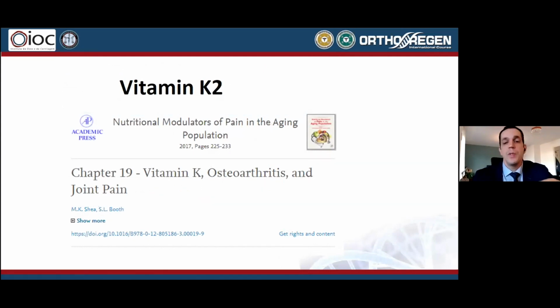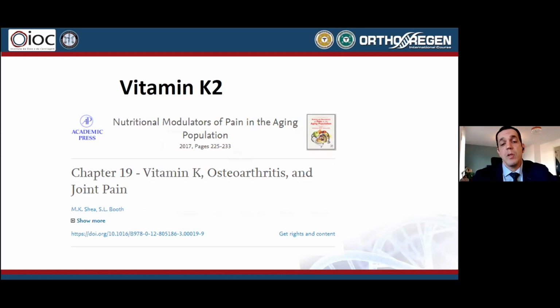Vitamin K2 is another important vitamin that I always use together with vitamin D3, because it protects the body and avoids the excess of calcium in our body, which is important for the bone and to avoid kidney rocks.